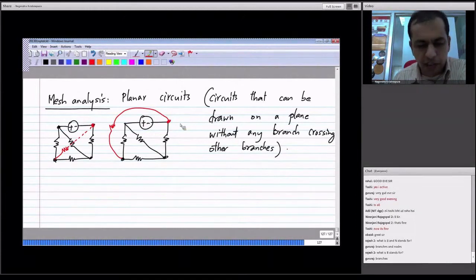Okay. In this case, I have chosen to draw it in the middle, but if I draw it outside, then it won't be crossing anything else. Okay. So this is also a planar circuit.